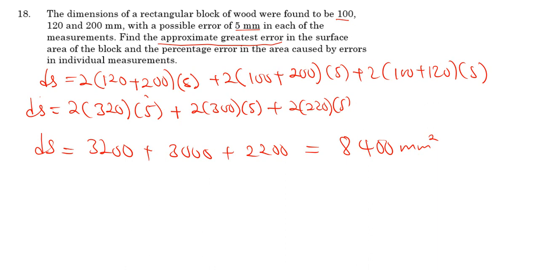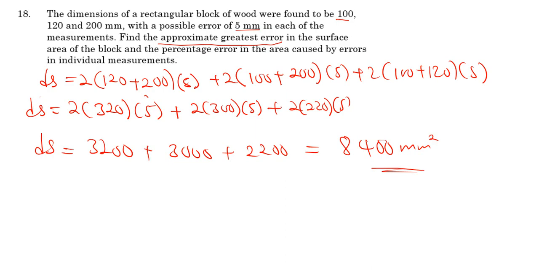So we managed to find the first part. Then the second part is, we need to find the percentage error in the area caused by the errors in the individual measurements. So how are we going to do this? We'll keep this, we'll come back to it later.